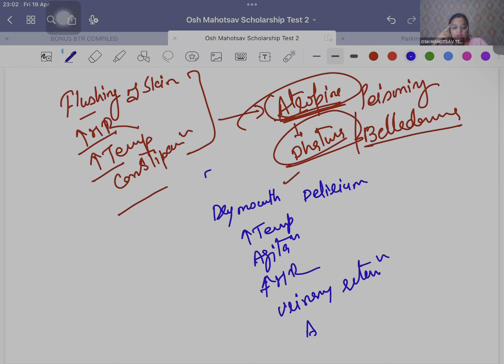So which antibiotic will interact with theophylline? Theophylline has interactions with ciprofloxacin, erythromycin, and cimetidine, because they block cytochrome 1A2, which metabolizes theophylline. So if we give ciprofloxacin with theophylline, ciprofloxacin will block the cytochrome enzyme which is metabolizing theophylline, leading to theophylline toxicity. Because of that toxicity, the patient is having such symptoms.